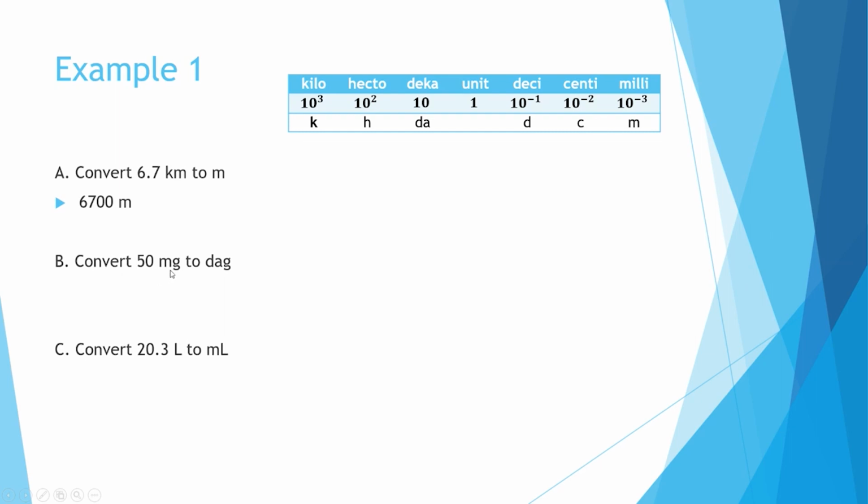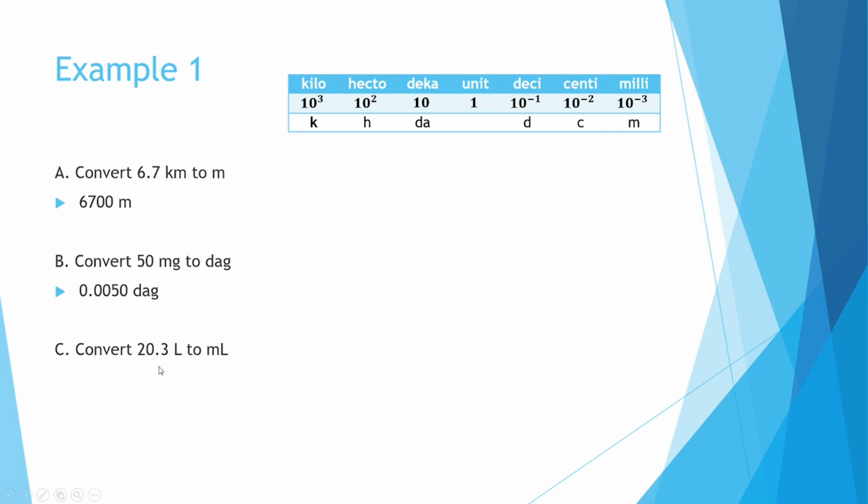Now, if I wanted to move from 50 milligrams to a decagram, milligrams over here, decagram is over here, so it's 1, 2, 3, 4. I'm going to move the decimal place over 4 times. It's not necessary to put the 0 in here, but I just wanted to show you that you're moving the decimal over 4 times.